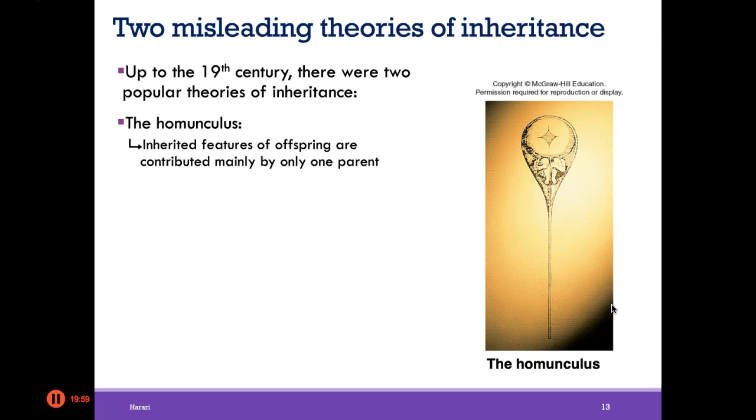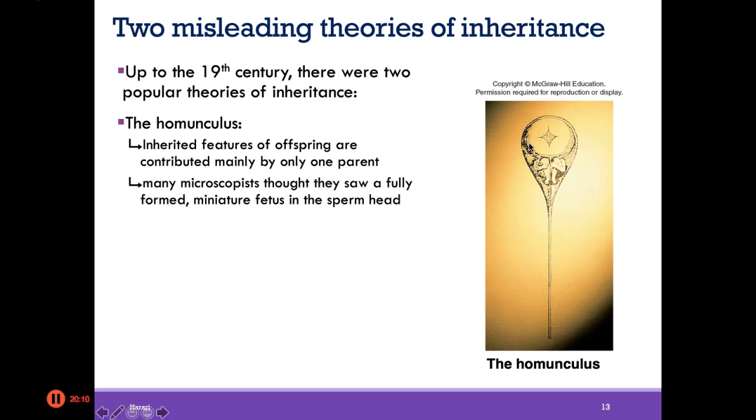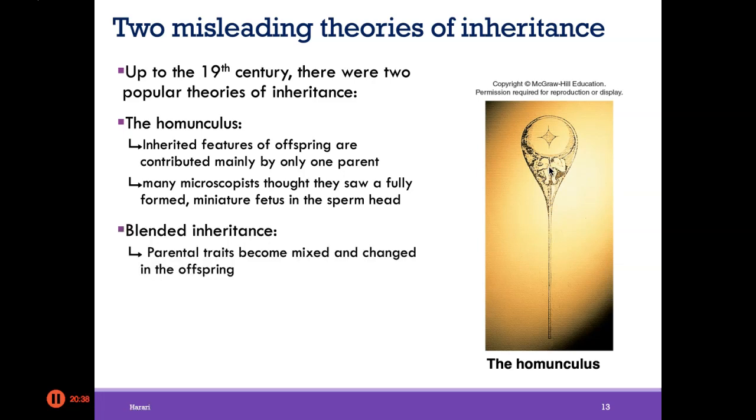But there is this theory of the homunculus, where if you were to zoom into a sperm under a microscope, some scientists swore that they saw a fully formed miniature fetus in the sperm's head, and that this was the contribution of just the male, and that once the homunculus sperm, the sperm that had a mini human in it, went into the female, it would just basically develop fully. Again, this sounds ridiculous now, but this was a very popular theory. The father contributed just a mini human, and that mini human grew into a full human inside the female.